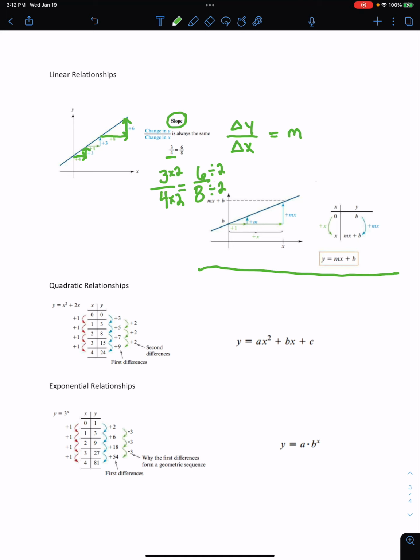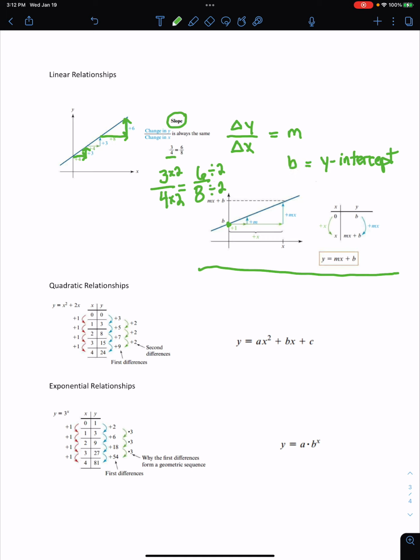And the other thing that we notice in this graph is the intersection of the line with the y-axis. And this is what we call the y-intercept. And the y-intercept is represented by the letter b.